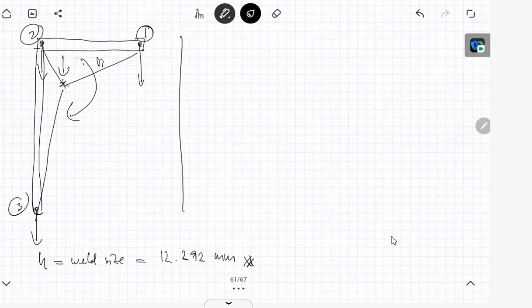So let's say these are 1, these are 2, these are 3. Okay. So you get the primary.